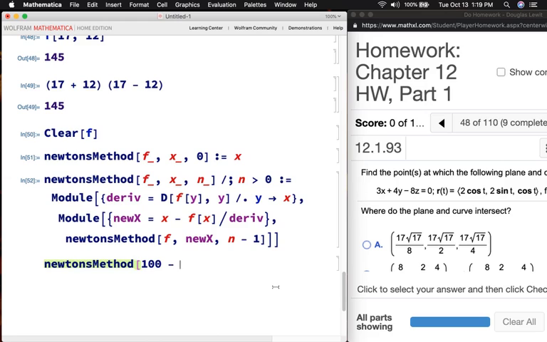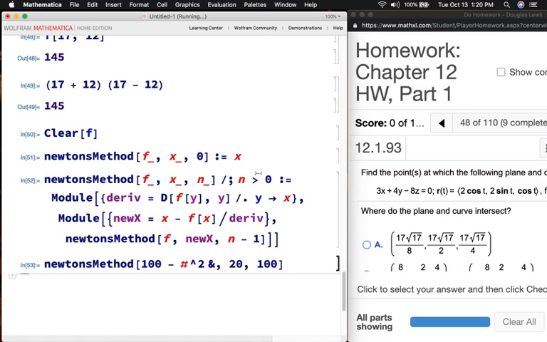I could use the hash symbol. The hash symbol is like a generic variable. 100 minus the variable squared. And wherever I see a hash in Mathematica, I must conclude with an ampersand. My initial guess can be 20. And I'll use 100 repetitions. Shift enter.